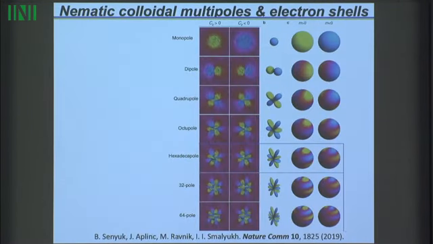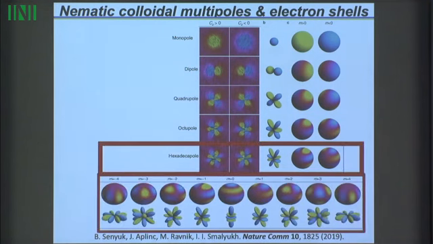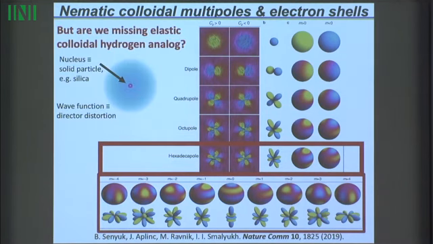So now, as Micha was showing us already, we can have all kinds of multipoles, and these are just examples of a very big zoo of colloids that we can realize. And so for example, for hexadecapoles, for different values of m, we can have all of these different types of structures that can have different interesting interactions and therefore self-assembly into colloidal crystals.